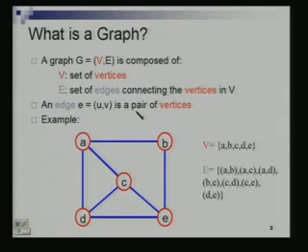The edge UV is not just a pair, it is an ordered pair, so the ordering is important. The first vertex would typically specify the start or origin of the edge, and the other would specify the destination of the edge. So, what is the start and what is the end?